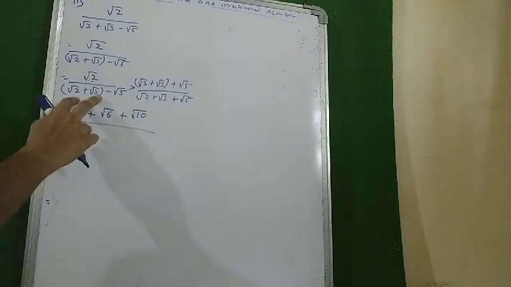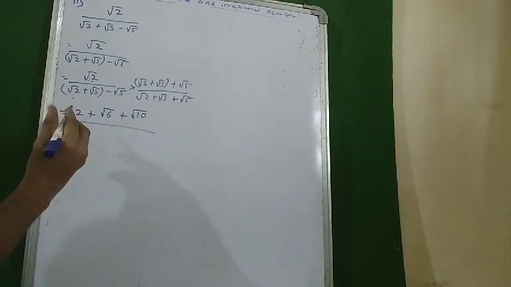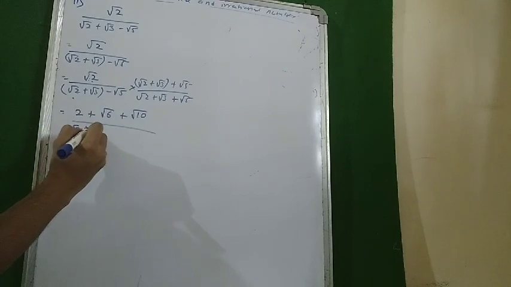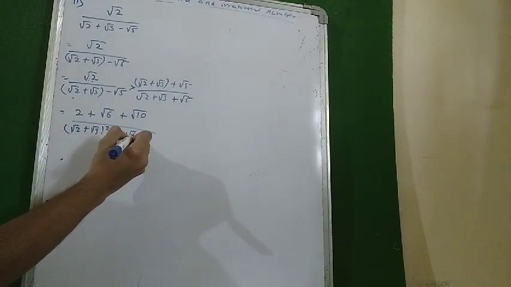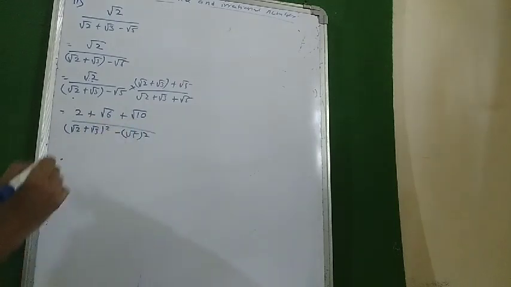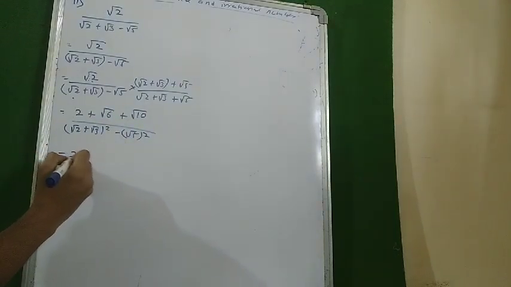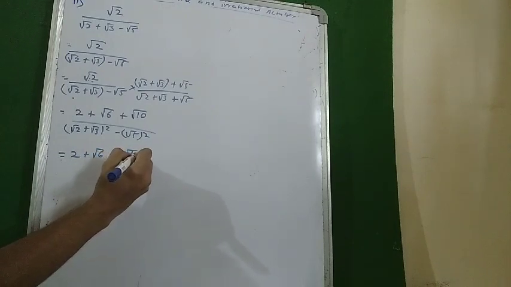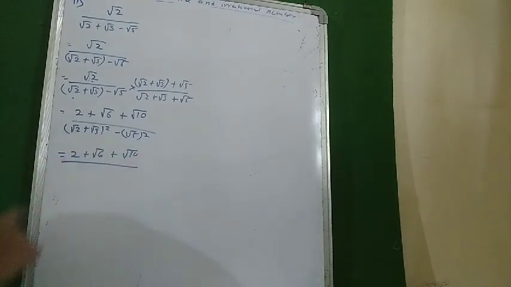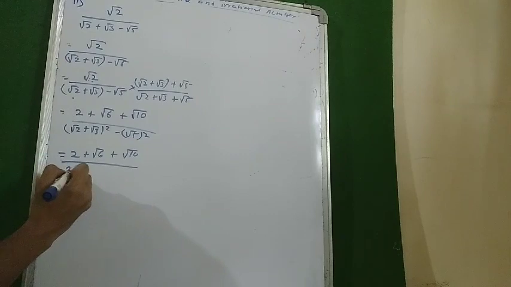And in the denominator, a minus b, a plus b is a square minus b square. So root 2 plus root 3, this is a, and root 5, this is b. Pay attention properly. Okay. We have 2 plus root 6 plus root 10 upon a minus b the whole square, which is a square. Root 2 square is 2. Okay.